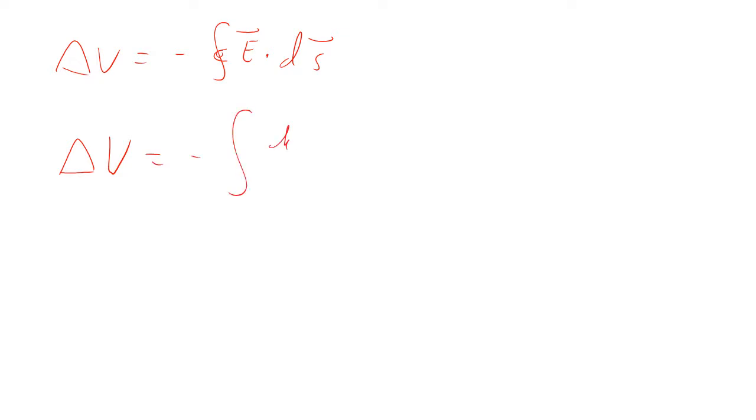Well, we know that the difference in voltage is going to be minus the integral of E dot ds. In this case, it is minus the integral of kq over r squared times dr, because I'm going straight outward, so my ds is going to be my dr.